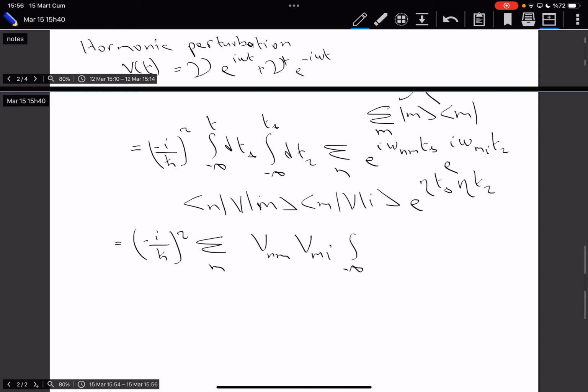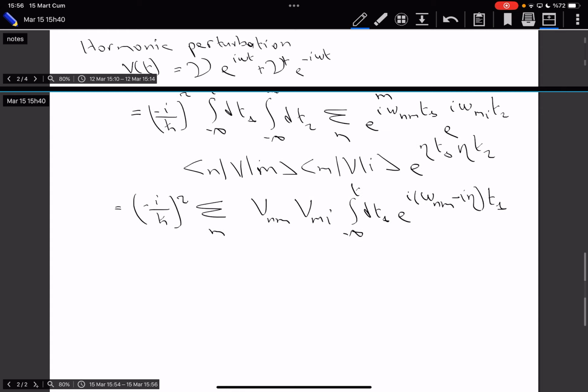From minus infinity to t dt1, e to the power I omega nm minus I eta T1 times e to the power I omega mi minus I eta T2 divided by I omega mi minus I eta.